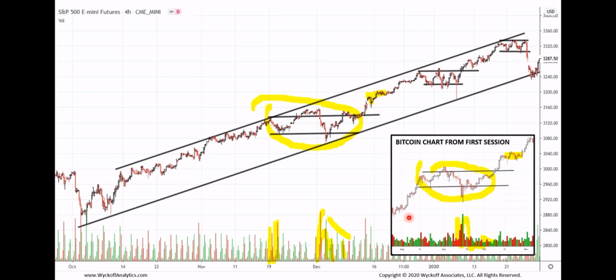Here's that consolidation on the daily chart. Look how similar they are. Notice that shakeout action followed by a quick recovery. Here and here. And we are comparing an intraday chart with a daily chart.